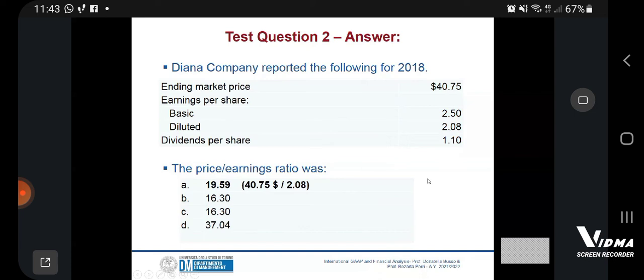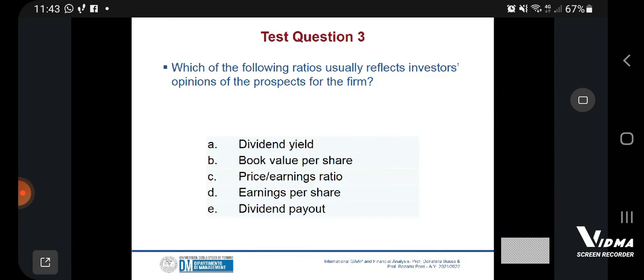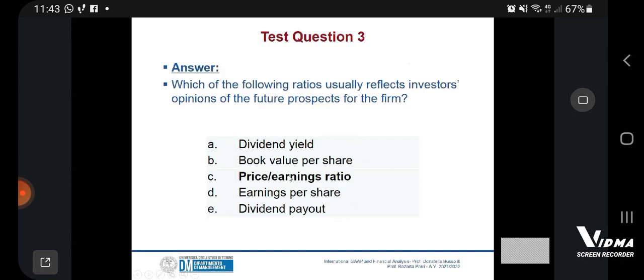Okay, another test question. Again, this is something theoretical. It doesn't require you to do any calculation. Which of the following ratios usually reflects investors' opinions about the prospects for the firm? We emphasized that several times this morning. Dividend yield, book value per share, price earnings, earnings per share, dividend payout. Among all of them, the only ratio that includes the perception of the market is price earnings, because it includes the price of the share in the market.